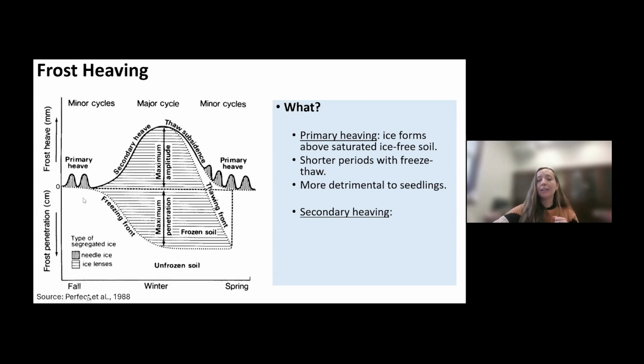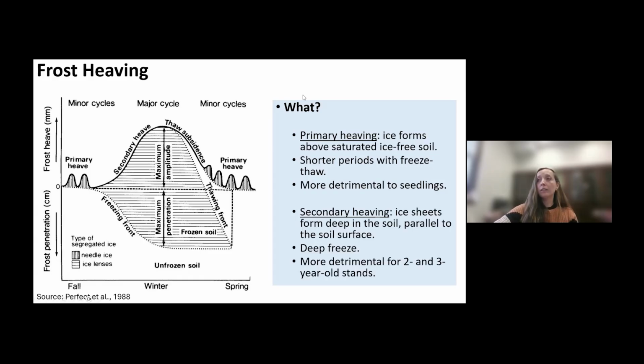And they tend to be a little bit worse for seedlings, the plants that don't have a lot of anchorage to the soil. In terms of the secondary heaving, that's when the ice in the soil forms more horizontally. This happens when there is a deep freeze, so very low temperatures in the soil, and can be detrimental even for stands that are a little bit better established.